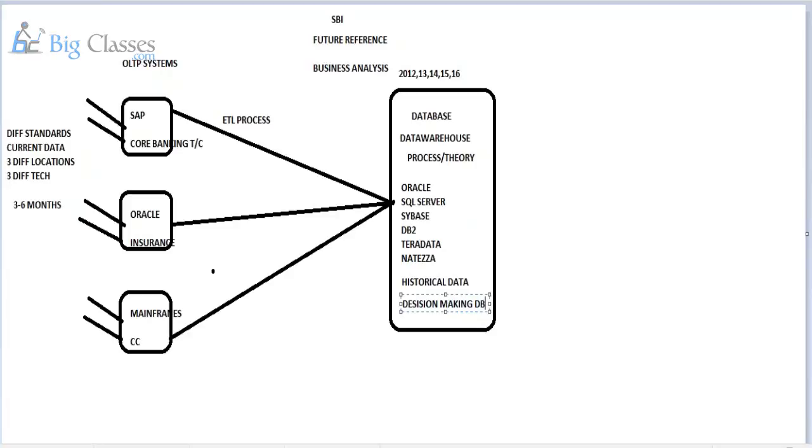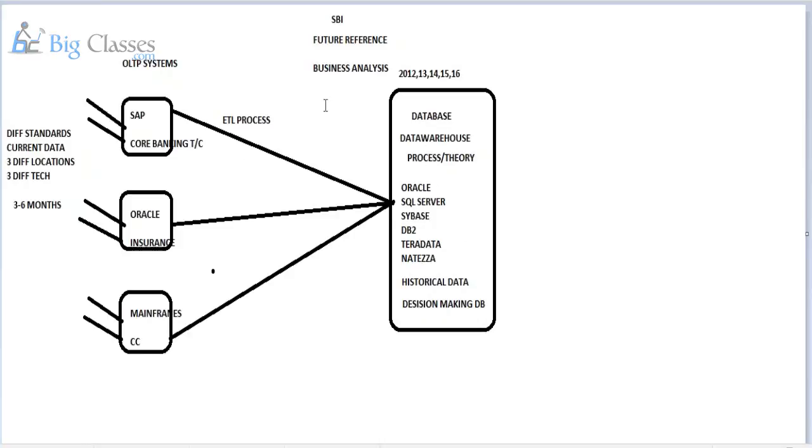Which insurance policy is going well? When more users are taking a particular policy, that policy is a good one, right? So why not implement a new policy by modifying the existing rules of the policy? This kind of statistical analytical decision we can make when we have the data warehouse in place.